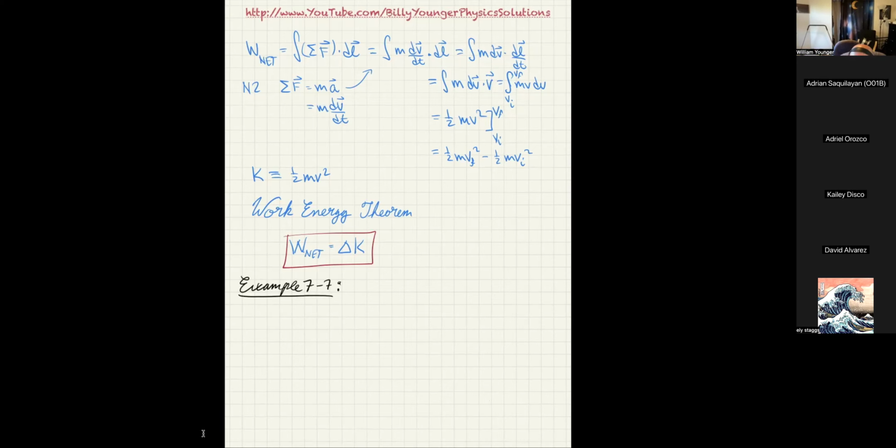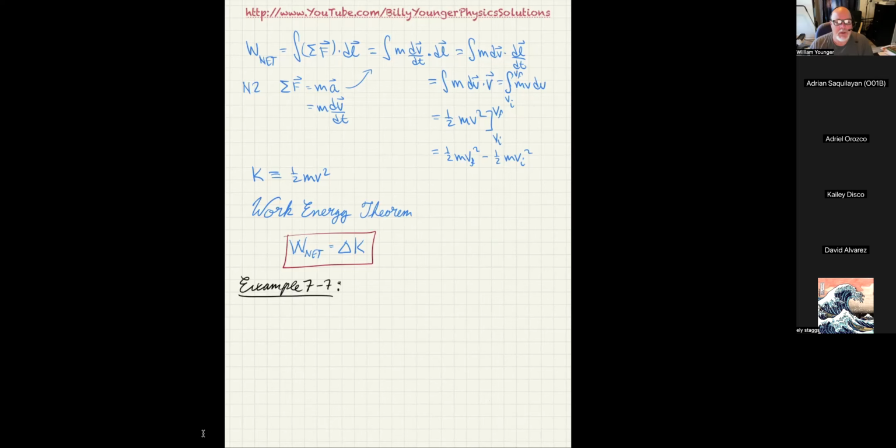Again, I'm going to read it to you and work accordingly. So example 7-7, kinetic energy and work done on the baseball. A 145 gram baseball is thrown so that it acquires a speed of 25 meters per second. A, what is its kinetic energy? And B, what was the net work done on the ball to make it reach the speed if it started from rest? Okay, so that's a pretty straightforward question.